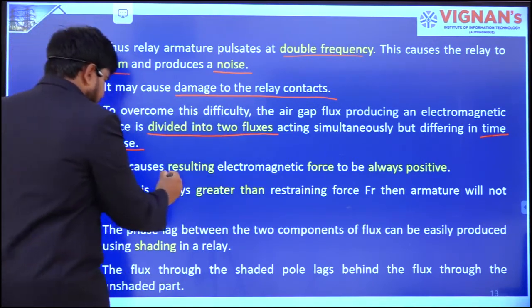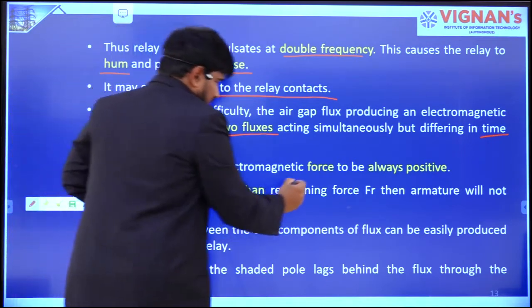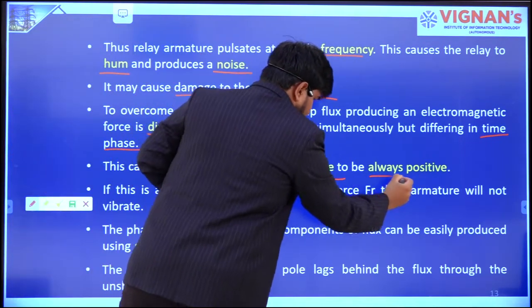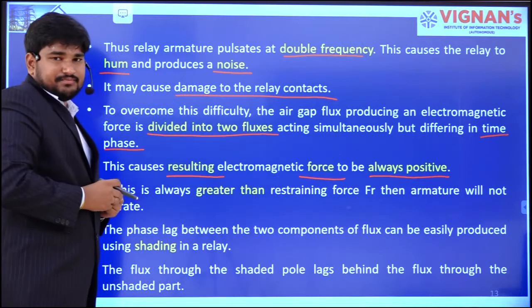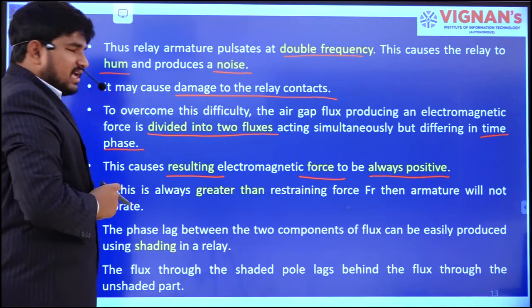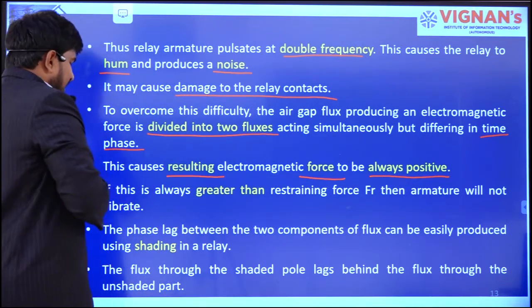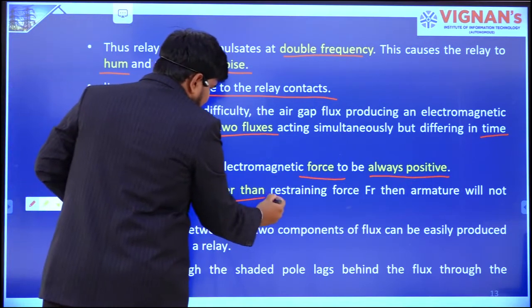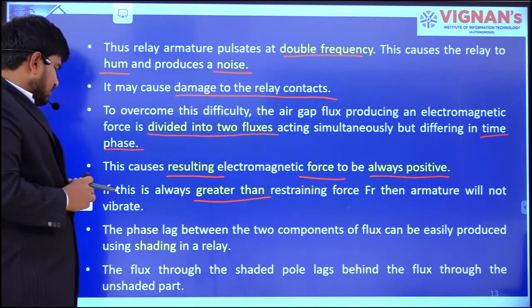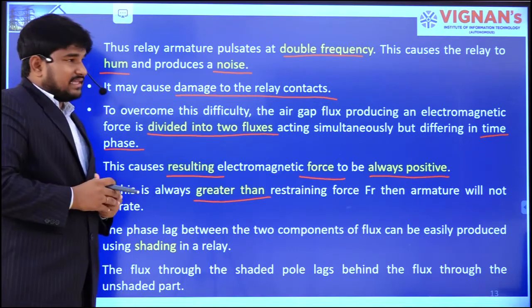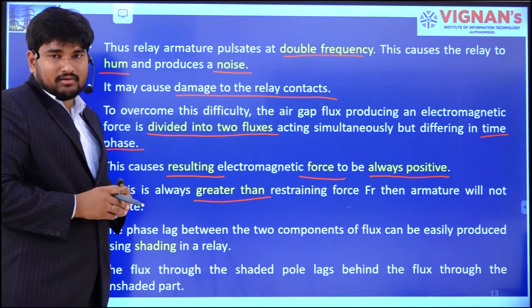This makes the resultant electromagnetic force always positive. The resultant electromagnetic force is always positive if it is greater than the restraining force, and the relay will not vibrate at all.